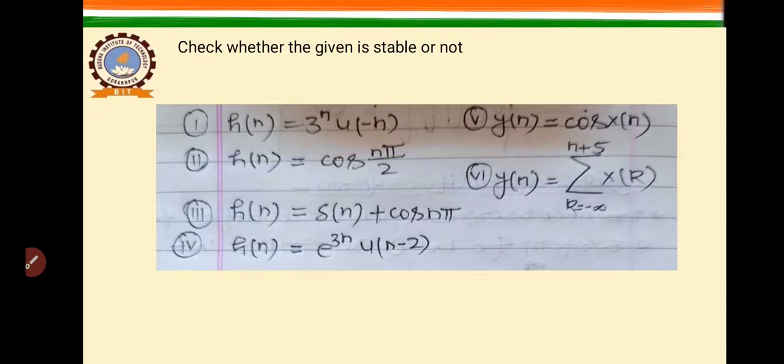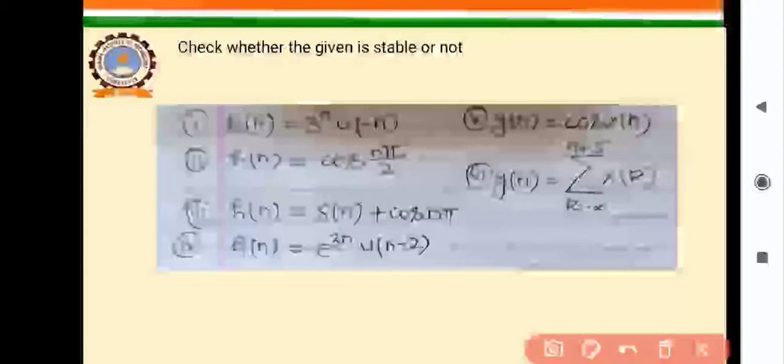It means if we give a bounded input to a system and it produces a bounded output in response, then the system is said to be a stable system, or otherwise it will be an unstable system.